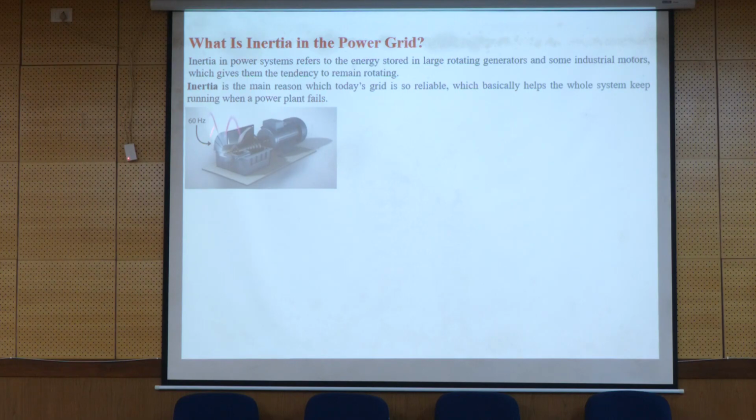Assuming that this is the synchronous generator, we are in the grid and we have thousands of synchronous generators providing the electricity and supporting the loads. There are different types of synchronous generators here.